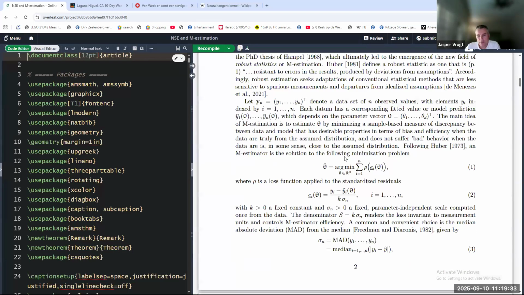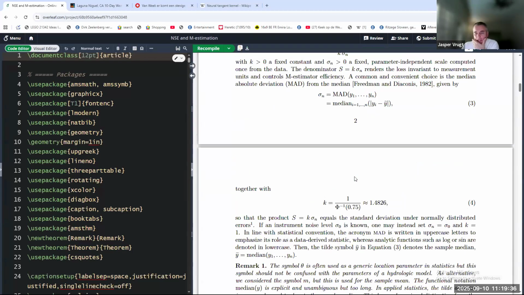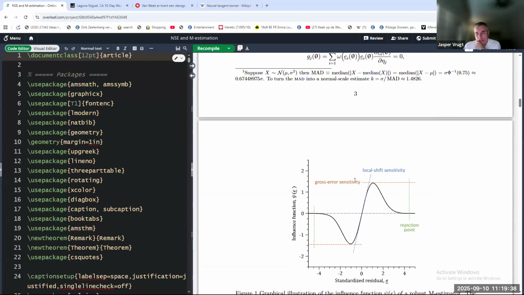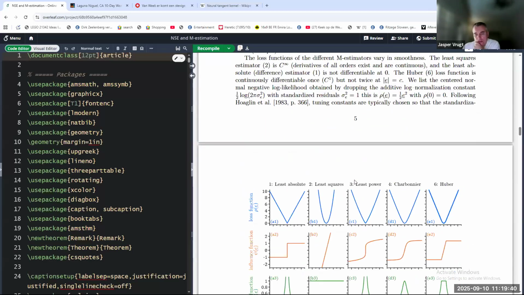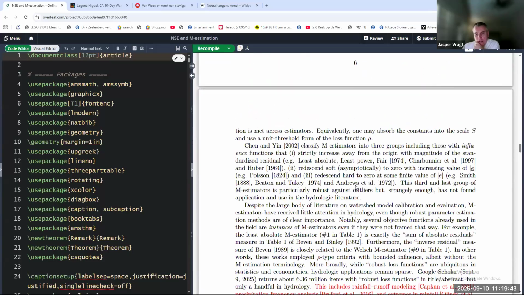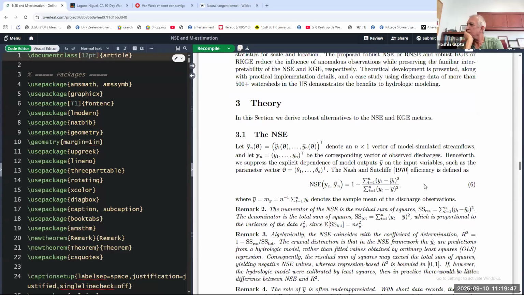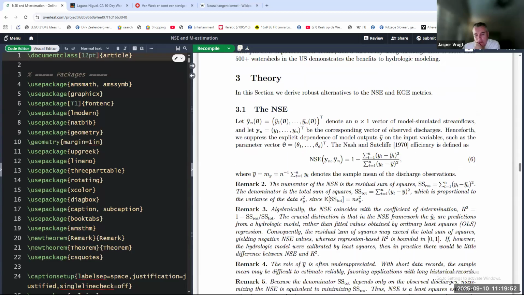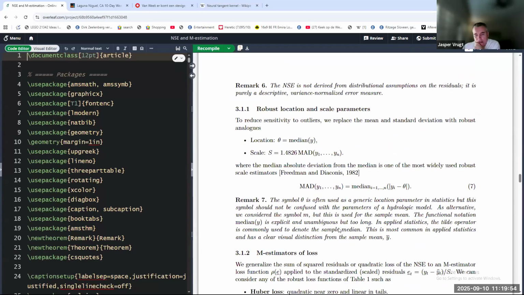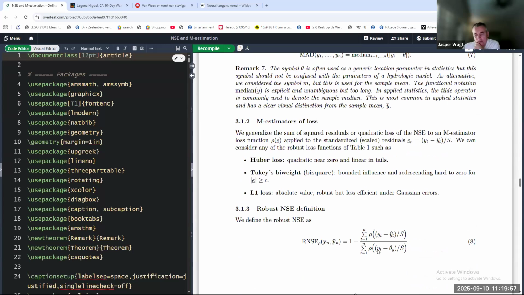So if you look at Nash-Sutcliffe, I went to ChatGPT, and ChatGPT immediately suggested a robust alternative to the Nash-Sutcliffe efficiency. And here, this is the infamous Nash-Sutcliffe efficiency, and here is the alternative. Anyway, this is a different topic, but what I wanted to know is, is this of any interest?